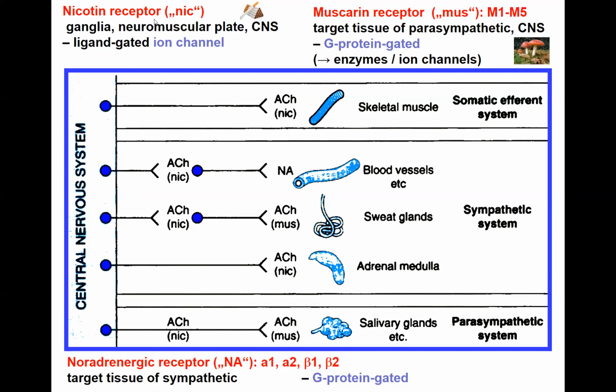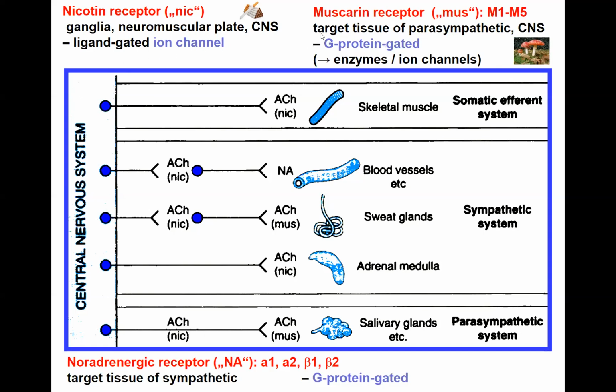We have a receptor for which it has been found that nicotine, one substance in cigarettes, in tobacco, is the most suitable ligand. That's why we call it a nicotine receptor.